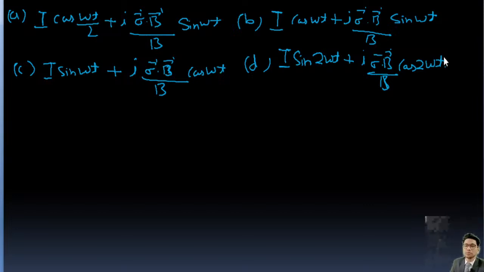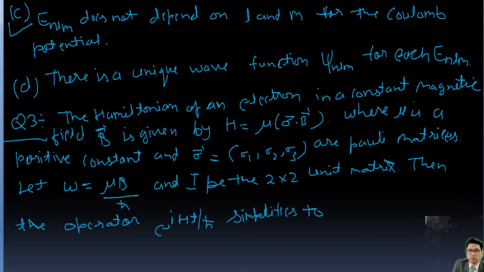Okay, so these are the options which are given. This is a very good question. So I'll read the question. The Hamiltonian of an electron in a constant magnetic field B is given as H equal to mu sigma dot B, where sigma 1, sigma 2, sigma 3, that is sigma x, sigma y, sigma z, are Pauli matrices.